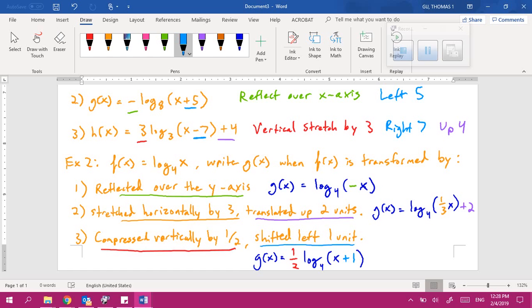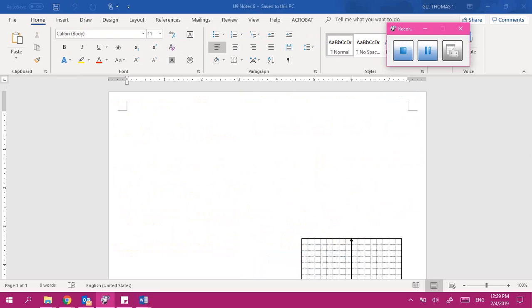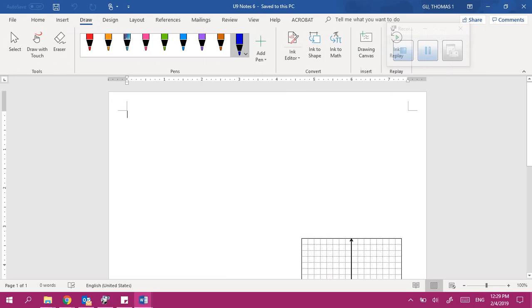Now we are ready to graph. Okay, so on these examples, I accidentally put the graphs in a weird spot because I thought we'd take more space, but it didn't.